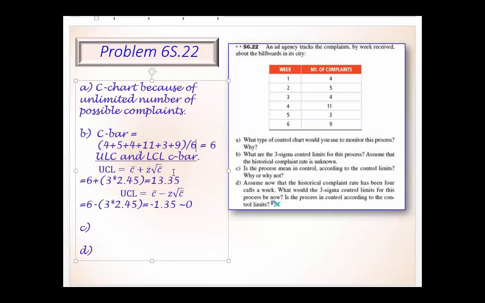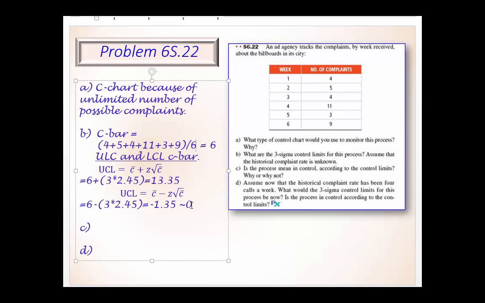Then I computed my upper and lower control limit by taking C bar plus or minus 3, because I was interested in 99.73% of the observations, multiplied by the square root of 6, which should be about 2.45. That gives me an upper control limit of 13.35 and a lower control limit of negative 1.35, but that rounds to 0.